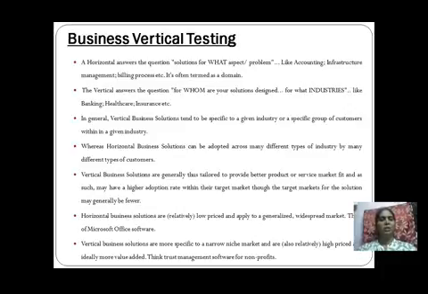So these are the vertical solutions which we need to consider; they are basically used to provide a better product or better services in a market. When it comes to horizontal business solutions, these are relatively low priced and apply to a generalized, widespread market. Why?